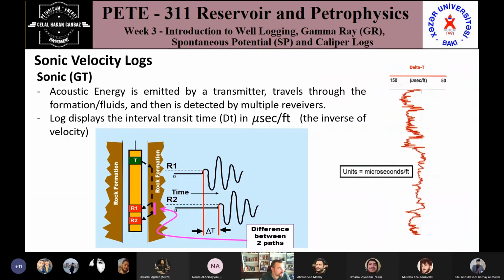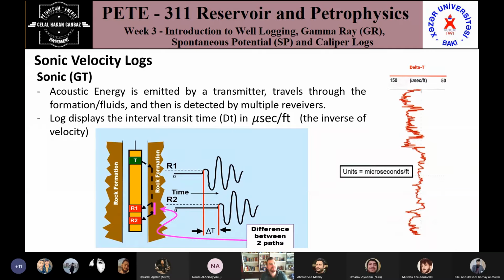What about the sonic velocity logs? We said velocity logs. Sonic velocity log is a type of velocity log. It uses acoustic energy which is emitted by a transmitter. This sonic signal travels through the formation and the fluids inside the formation.